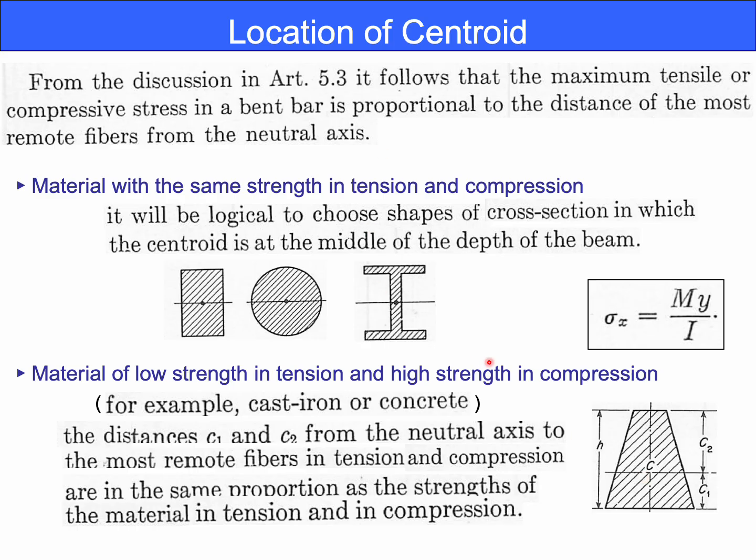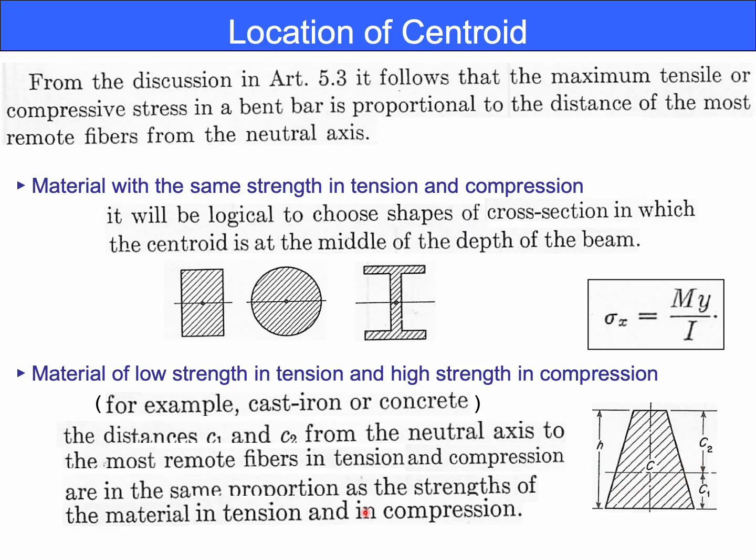Two distances are explicitly shown, C1 and C2. C1 is the distance from the neutral axis to the lower extreme fiber, and C2 is the distance from the neutral axis to the upper extreme fiber. The important concept is we may intentionally choose a shape where C1 is not equal to C2.